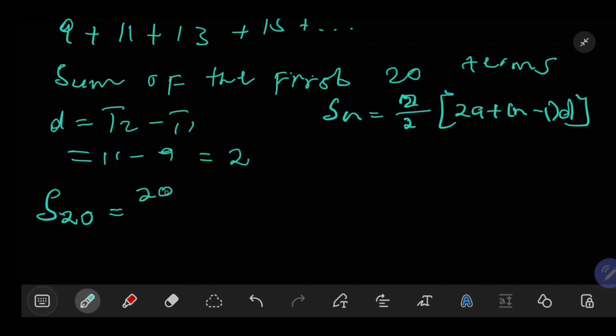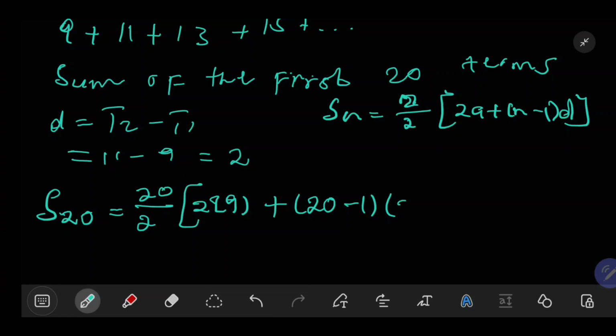Then this is 20 over 2 into 2 times the first term, which is 9, plus n minus 1, which is 20 minus 1, times our difference, 2.